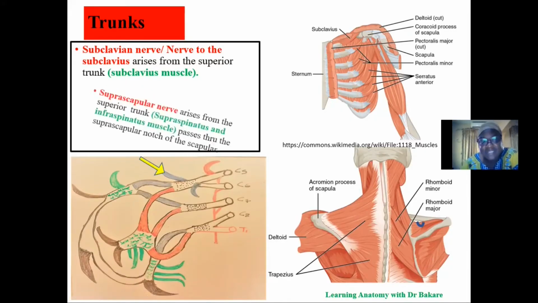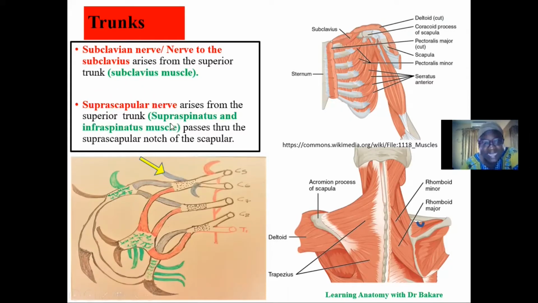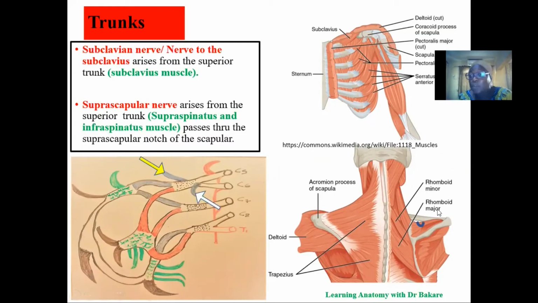Then the next nerve is the suprascapular nerve. The suprascapular nerve also emerges from the superior trunk of the brachial plexus, and this is the suprascapular nerve. The suprascapular nerve supplies the supraspinatus and the infraspinatus muscles. This is the posterior part of the scapula. If you look at it, it's divided into a smaller upper region and a bigger lower region by the scapular spine.